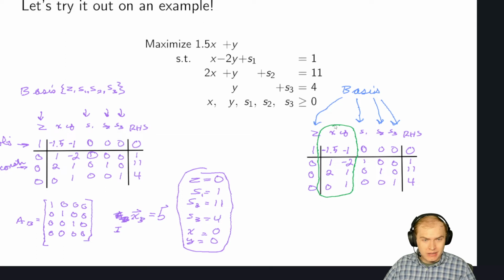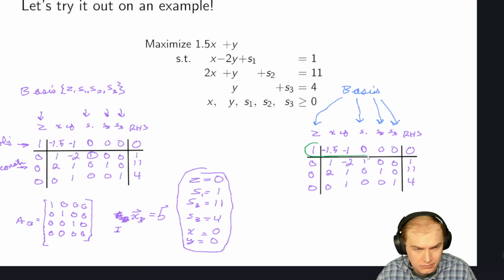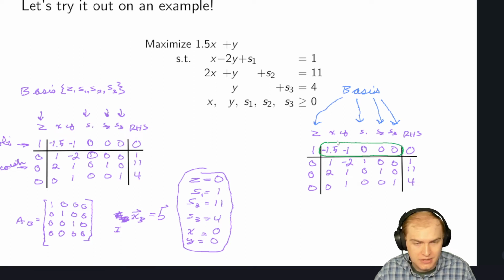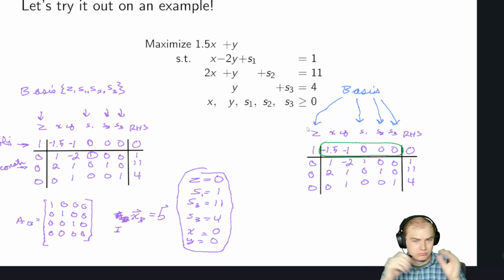Maybe the faster way to identify which variable we want to improve is just to look at the objective row. Specifically, we want to look at the objective row for the decision variables, because, spoiler, we're never going to change the z column at all. We're never going to take z out of the basis.